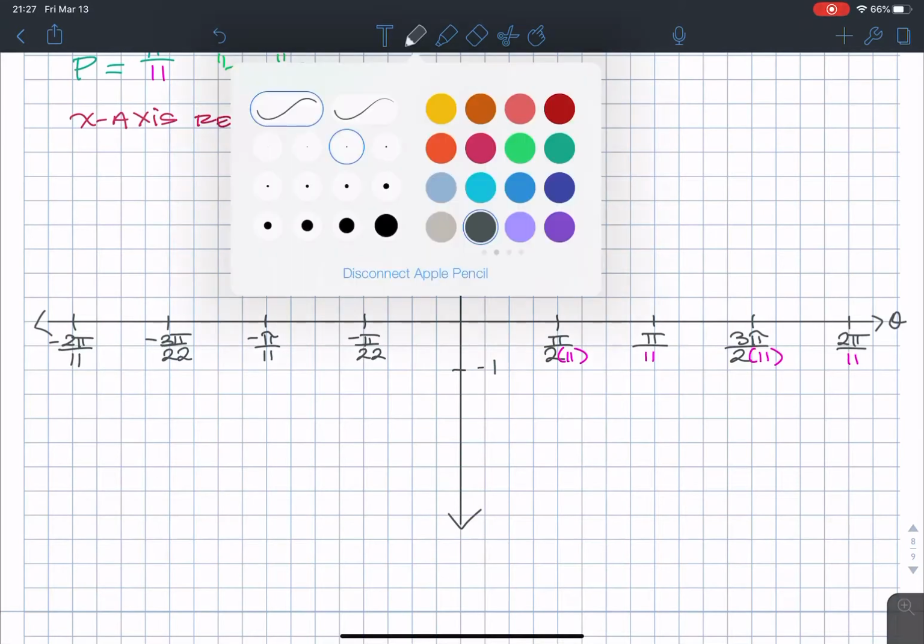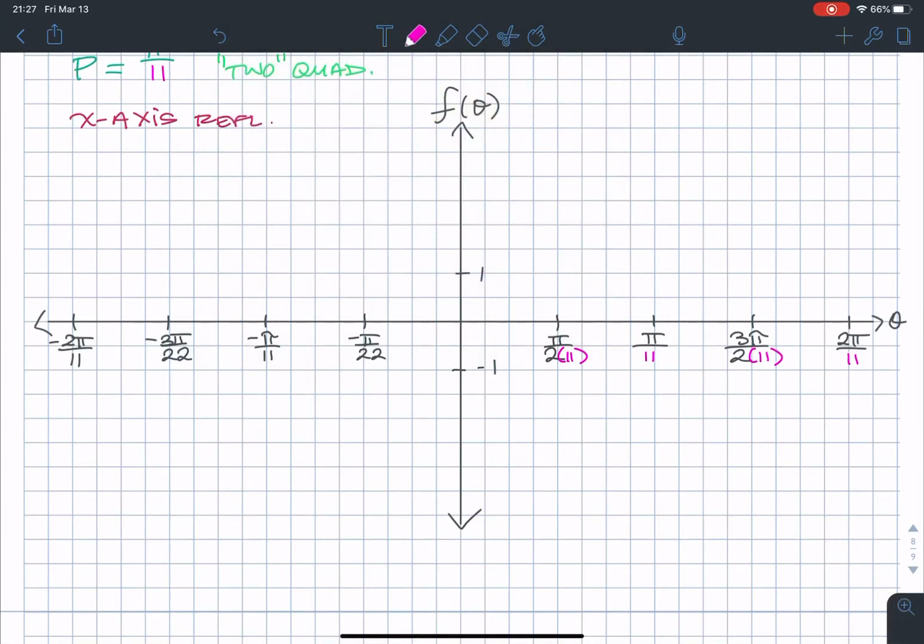Okay, cotangent has its asymptotes along the y-axis and every 2 quadrants thereafter. And similarly, going backwards, so every 2 quadrants.